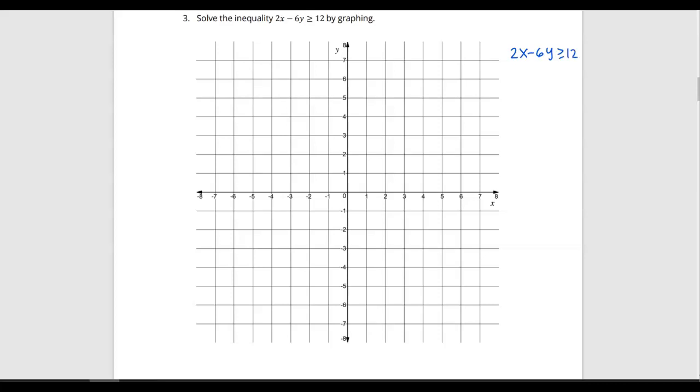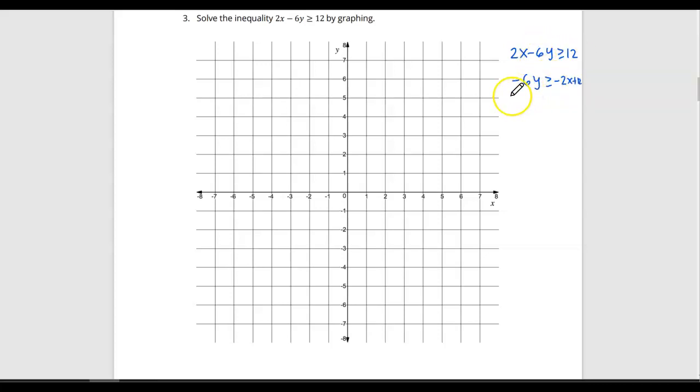Now we want y on one side, so we have negative 6y greater than or equal to, if you subtract 2x on both sides, you transpose 2x to this side of the inequality. So you have negative 2x plus 12.